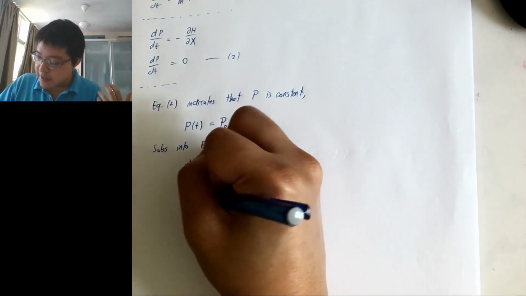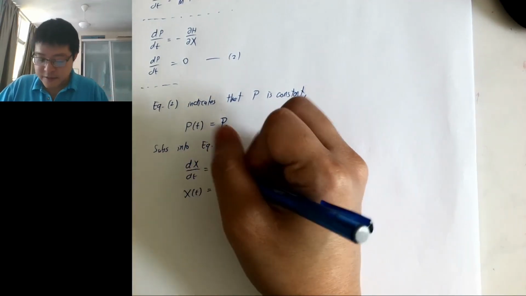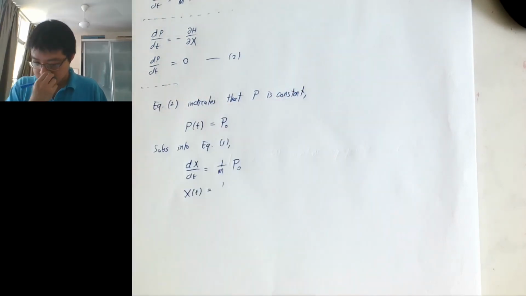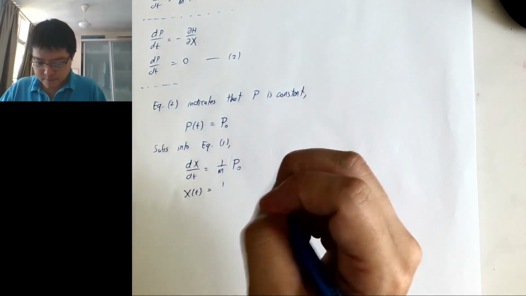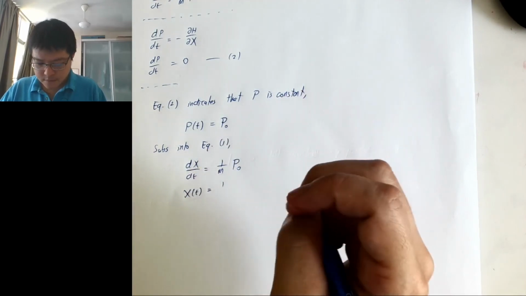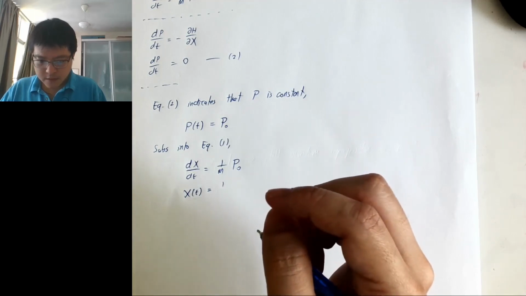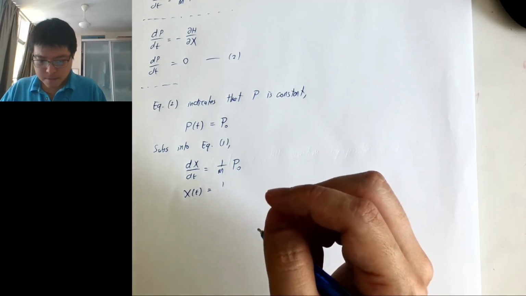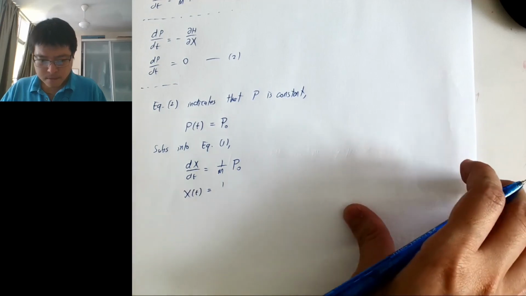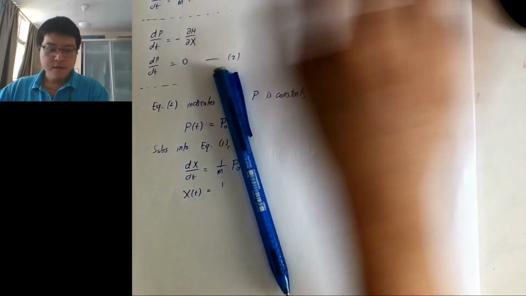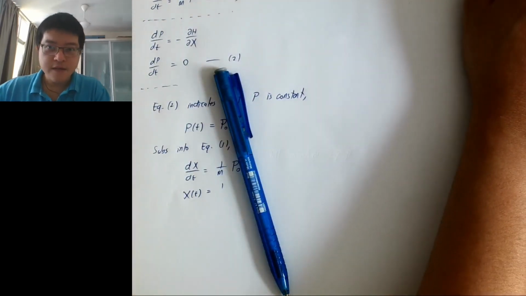So if I take the antiderivative, right, if I integrate this, I will get 1 over m. Wait a minute. Wait, now I notice there's something wrong.